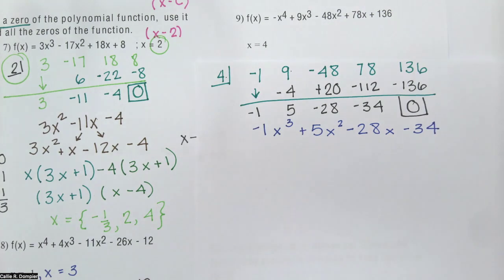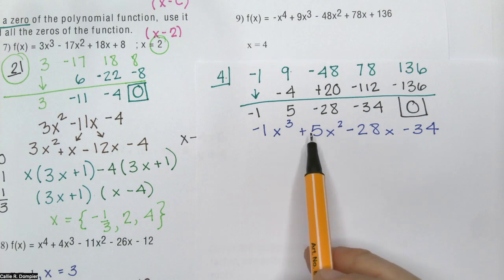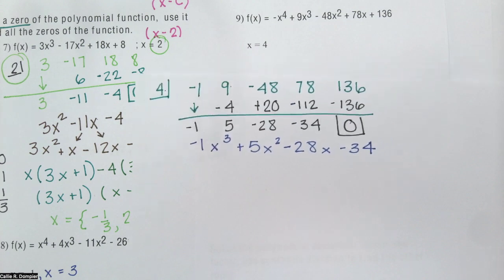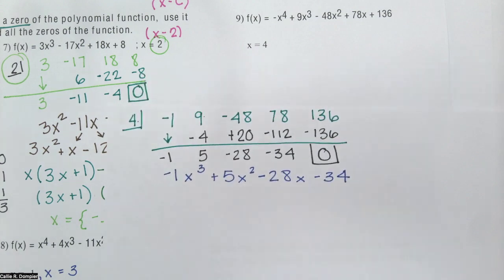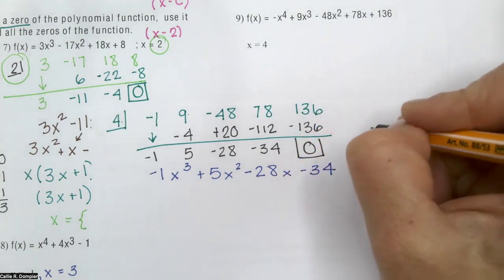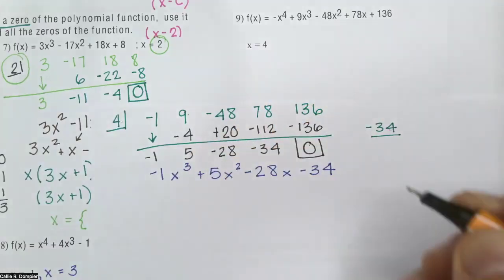And now again, we need to find another factor of it. Look at -x cubed plus 5x squared minus 28x minus 34. Make sure there's nothing you can factor out or factor by grouping, because that will make it easier. If there's not, do p over q, which remember, it's -34, all of its factors, over -1.